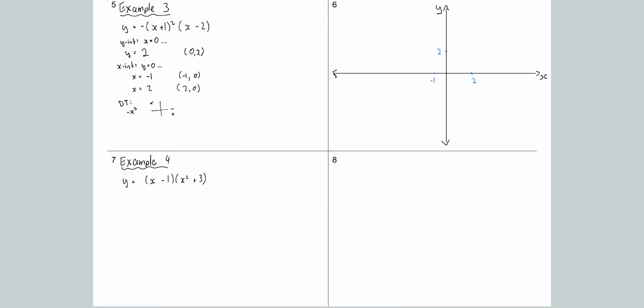I probably could have used my space a bit better there, but that's okay. Now I know it's starting here and ending here. And it doesn't surprise me when I have a look at the problem that the bounce, in the repeating factor, which is where the bounce happens, is at negative 1. That kind of fits everything.